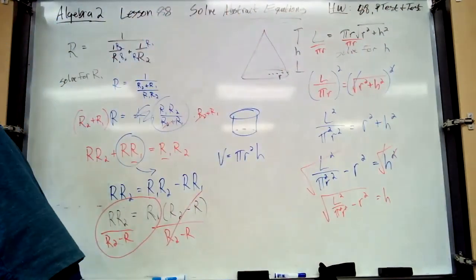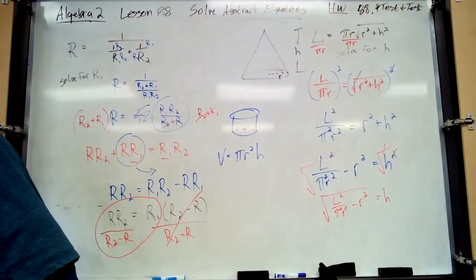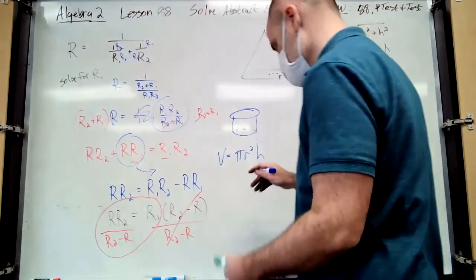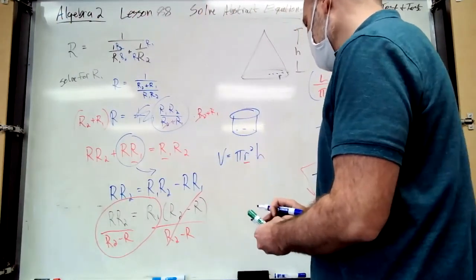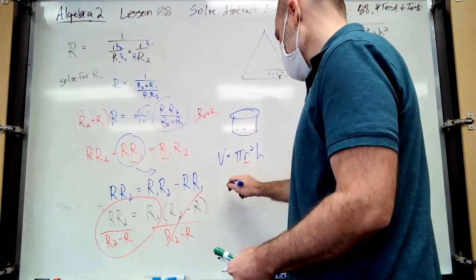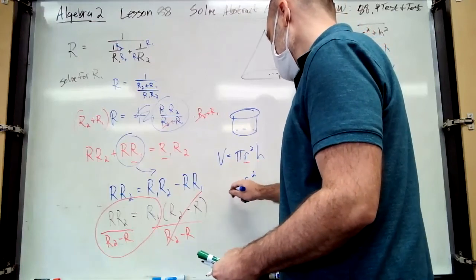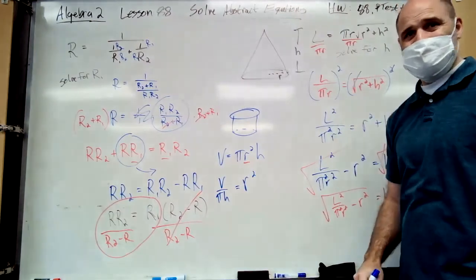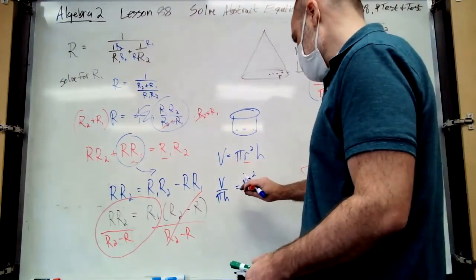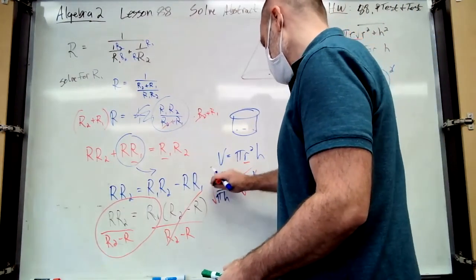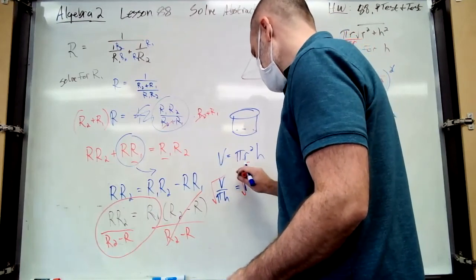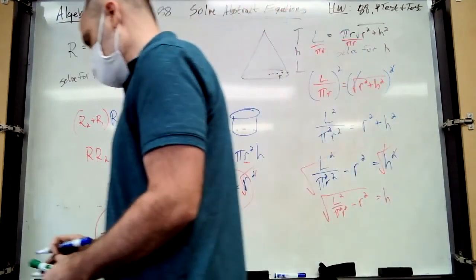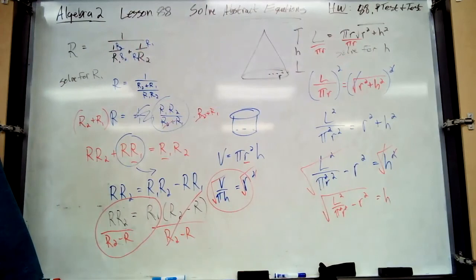Okay, if I want to solve for r, then get rid of everything, get rid of these two. So I'm going to have r squared equals V over pi h. You see what I did? Now square root both sides. And there's your answer. So r equals the square root of V over pi h.